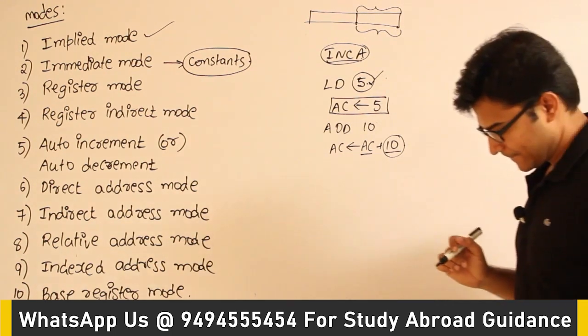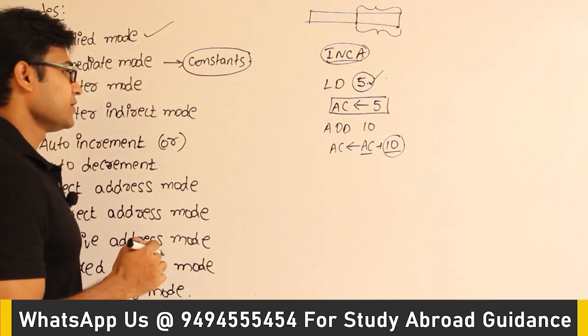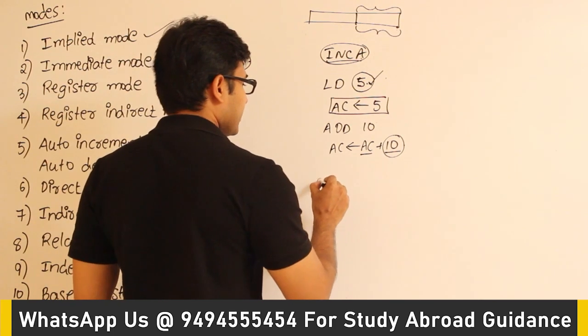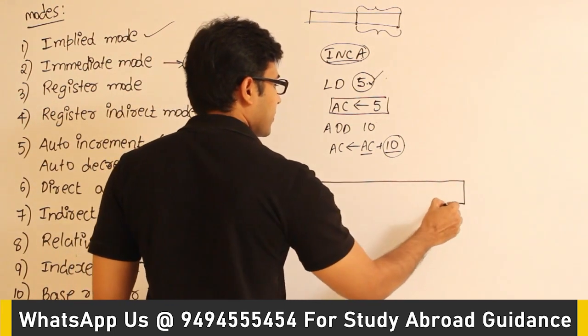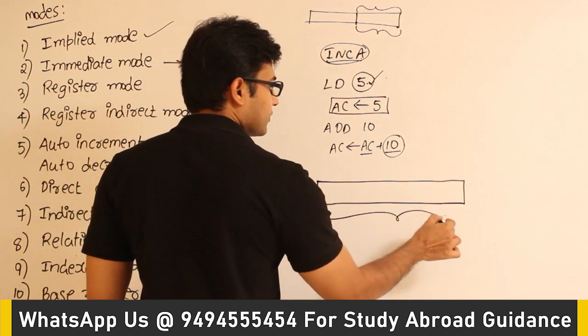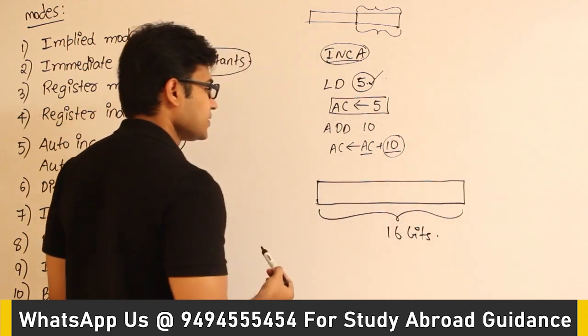Now just understand this one. The questions possible on this are something like this. Let us say we have an instruction whose size is 16 bits, and they will explain this.